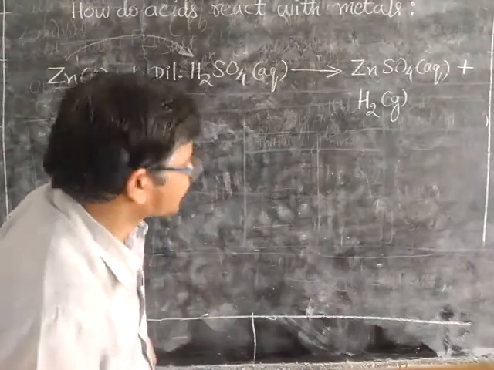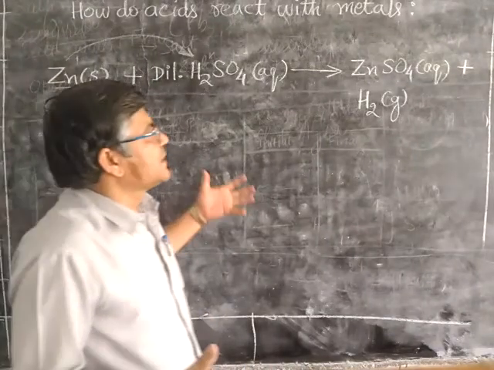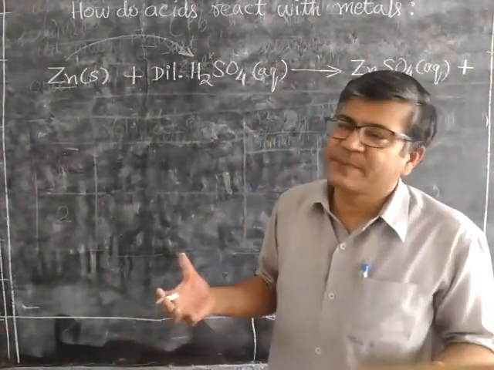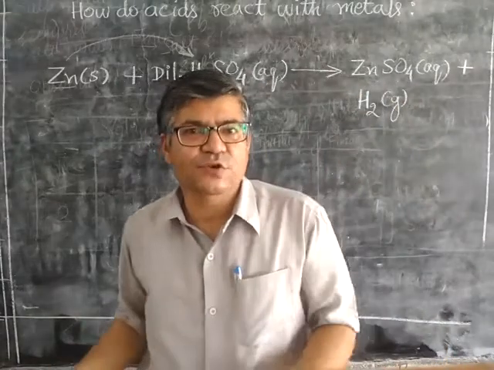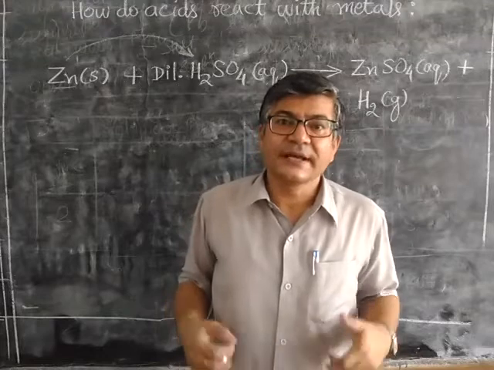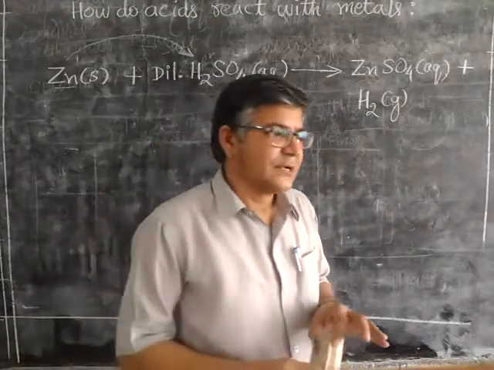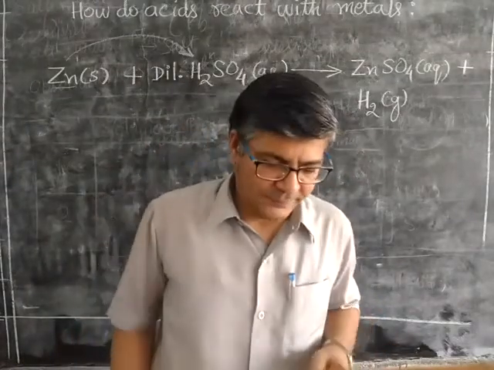Okay, let's proceed. Now, how do we know whether hydrogen is going to be displaced by zinc or any other metal? It depends on the reactivity. For this, you have to turn to page number 45 of your textbook.